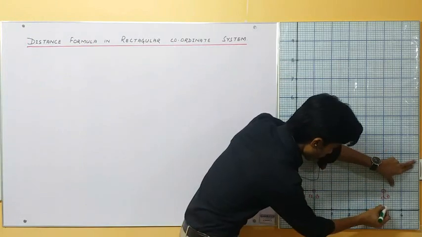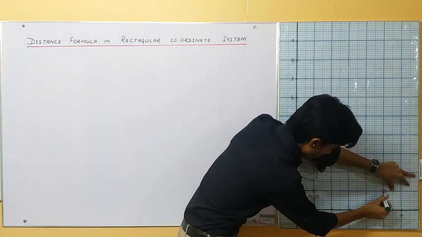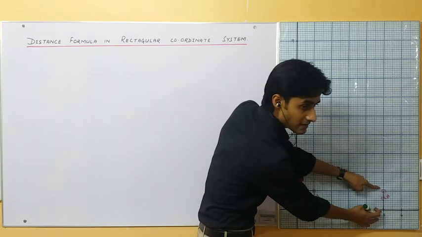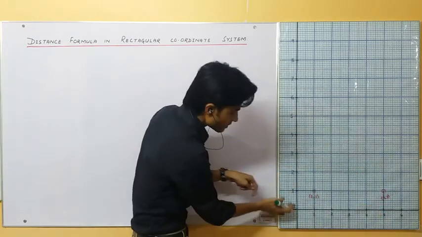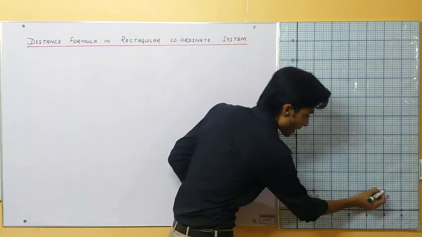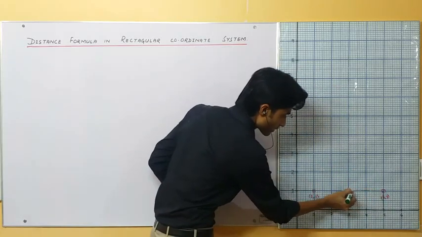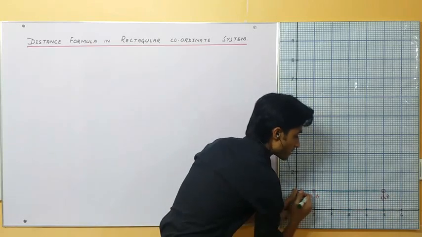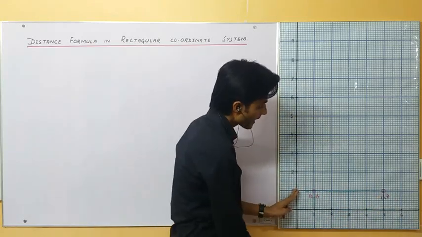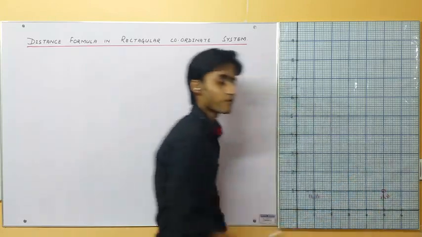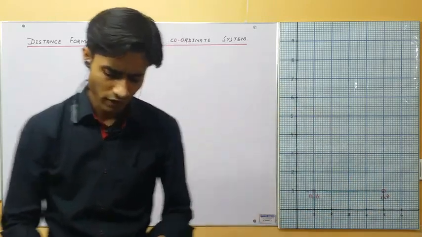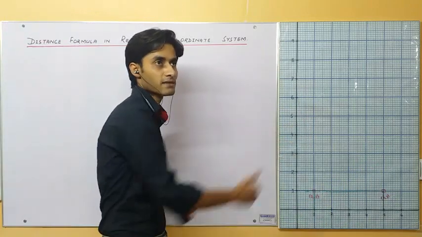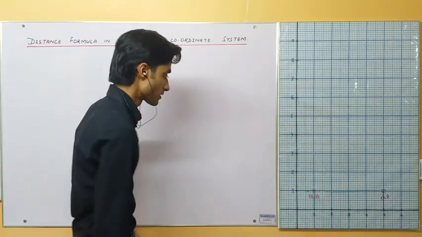On the other hand, this point is 1 unit away from x-axis and 1 unit along y-axis. And then again, this same point is 5 units along x-axis and actually 5 units away from y-axis. So you can very easily find out how far a point is along an axis and how far the point is from an axis.